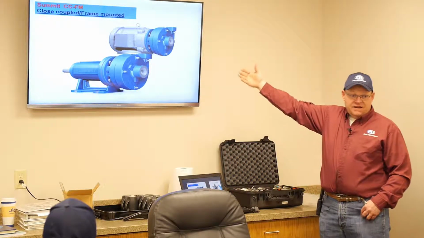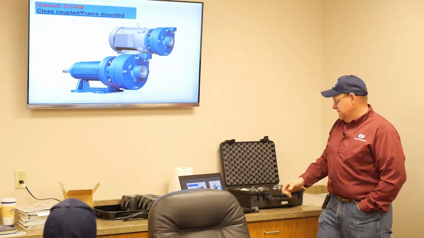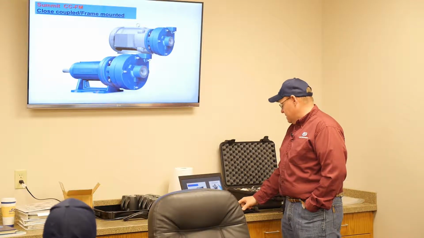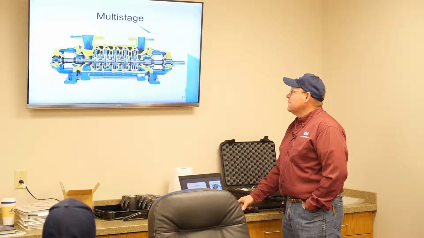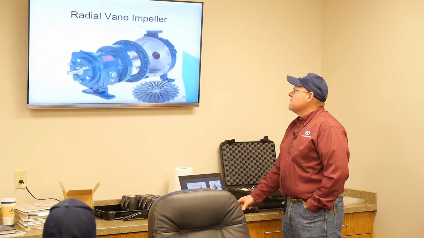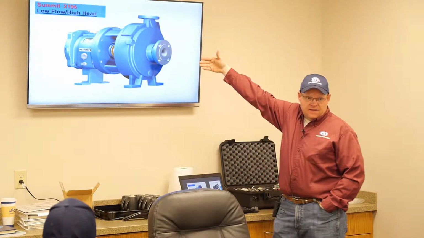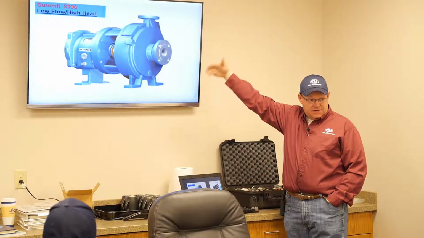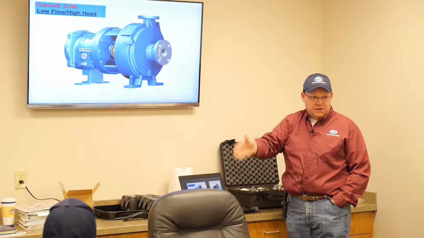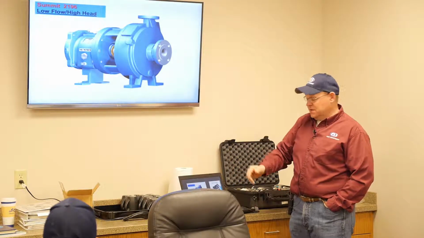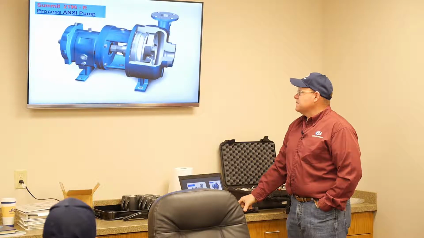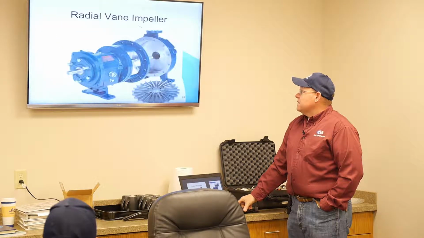So we have tangential discharge. On the other pumps, we had center line discharge. The volute and the discharge and the suction are in the same vertical line. So you had center line discharge and then you had tangential discharge.